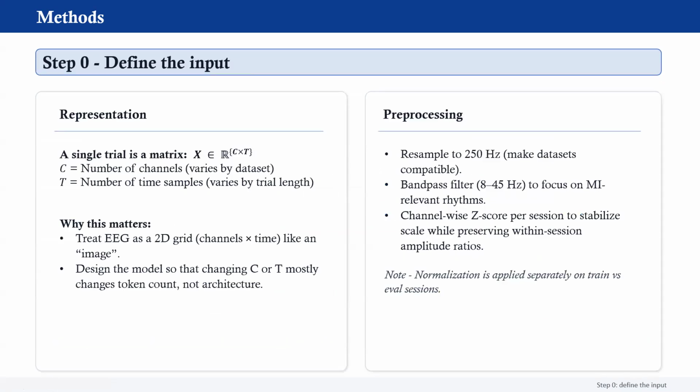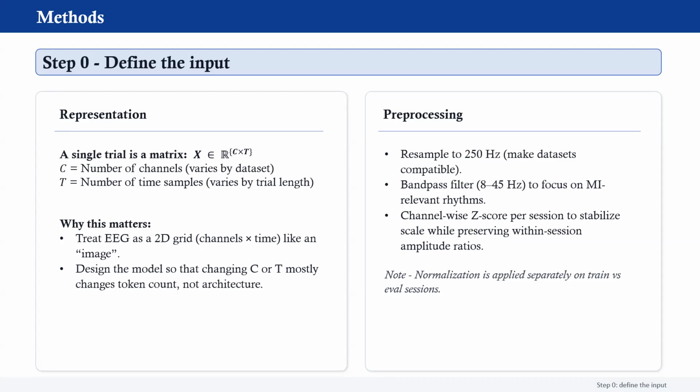Okay. So the first step is to formally define what our input is. A single trial matrix can be defined as the input X, which is of the dimension C cross T, where C is the number of channels and T is the number of time samples. You can envision it almost like an image where you have your channels stacked one by one, and then you have your time points.